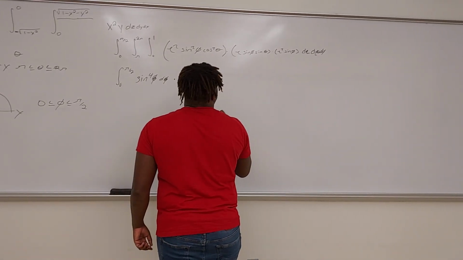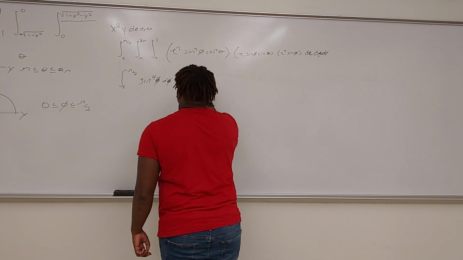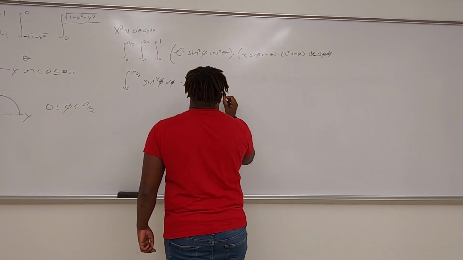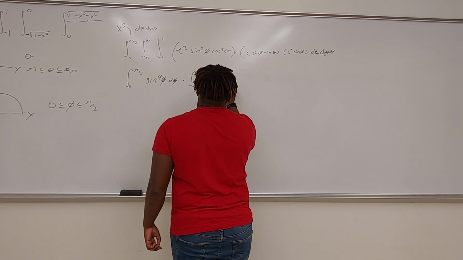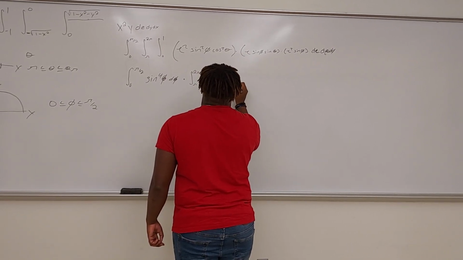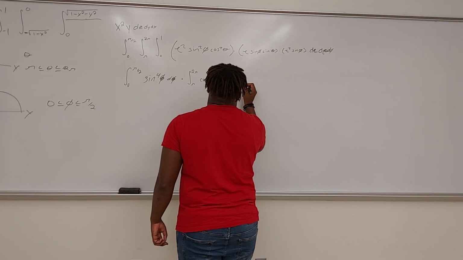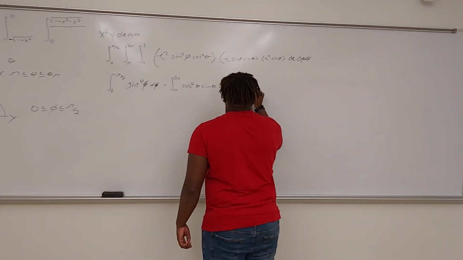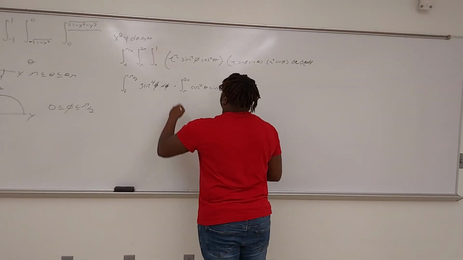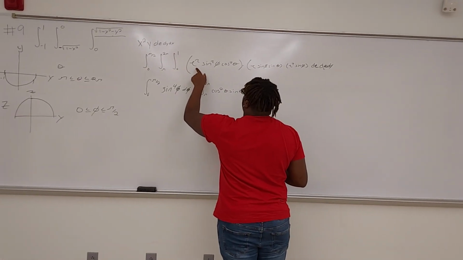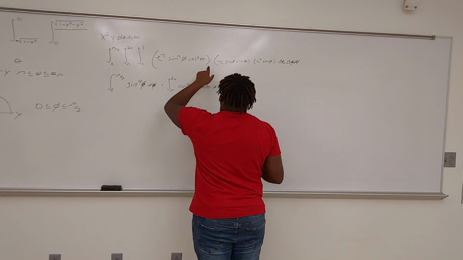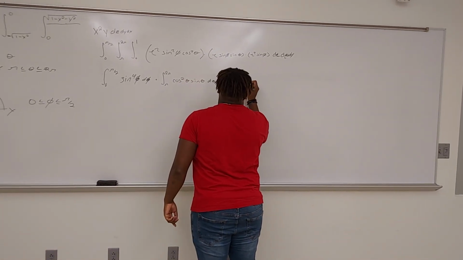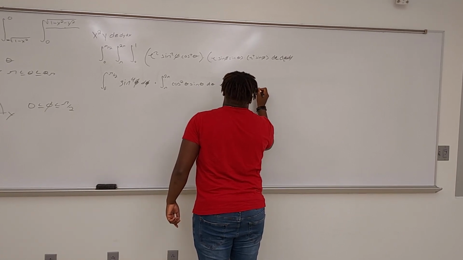And then we have cosine squared theta times sine theta d theta, times 0 to 1, where rho squared to the 5th d rho.